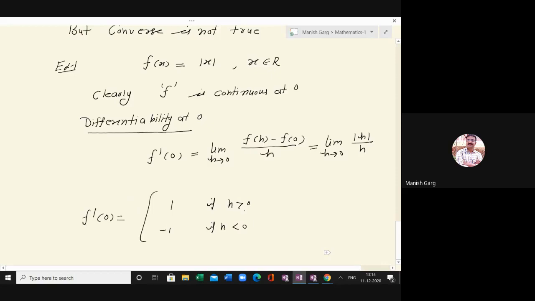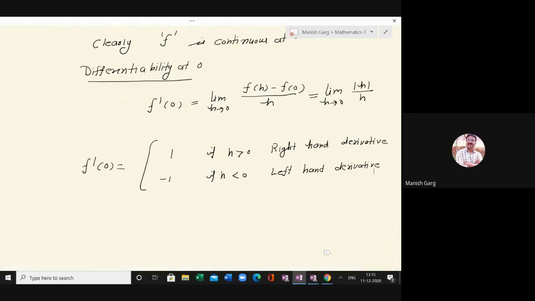As h tends to 0, this is actually the right hand derivative, which you can find from the definition of right hand derivative, or this is actually the left hand derivative. So the right hand derivative and left hand derivative are not equal, so f is not differentiable.